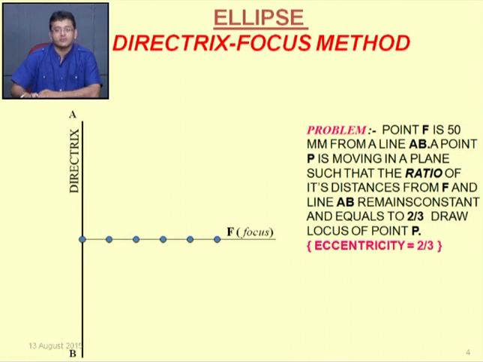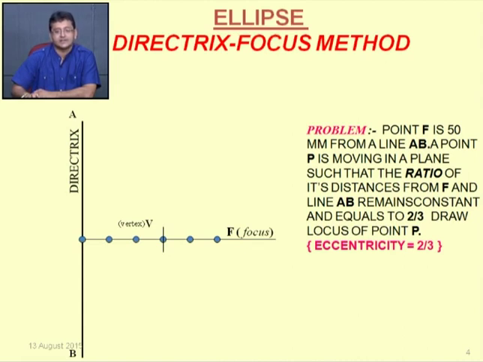Means from point F, 2 parts, locate point V, which is at a distance of 3 parts from the directrix.